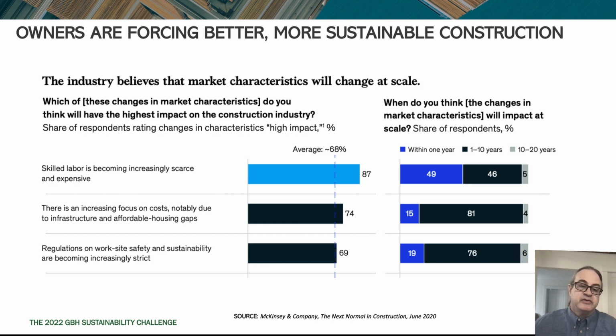The number 2 driver is reducing costs through increasing productivity, because the costs are out of control because of the amount of rework, which we identified in day 3 of the challenge, and the fact that sustainability regulations are going to get more strict, and this waste is going to be mandated at some point, and the leading companies want to get ahead of it now so that they don't have their operations disrupted when these mandates eventually are enacted.